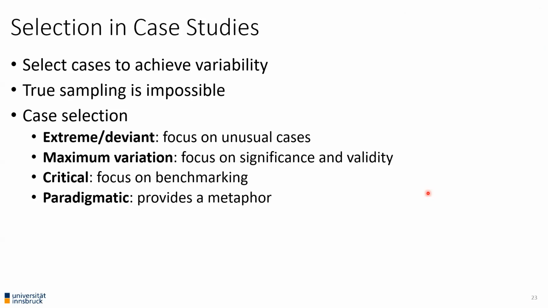That leads us to strategies for selecting cases. If you have the chance, I mean, sometimes you are in a relationship with a company and you cannot freely select the case, for sure. The same was the case in our setting to some extent. So the cases can be selected according to different characteristics.